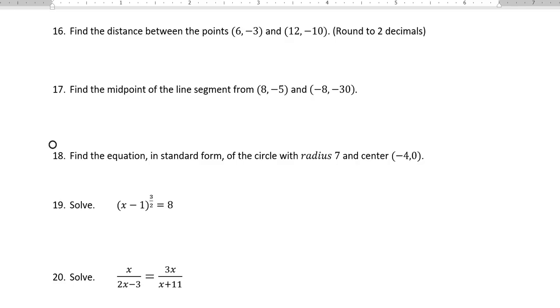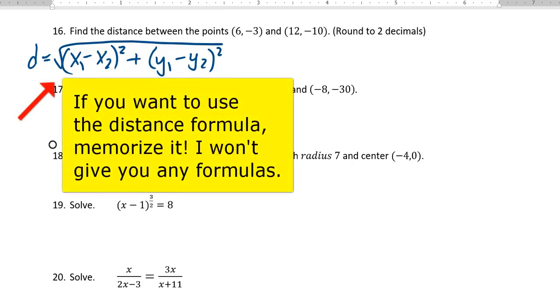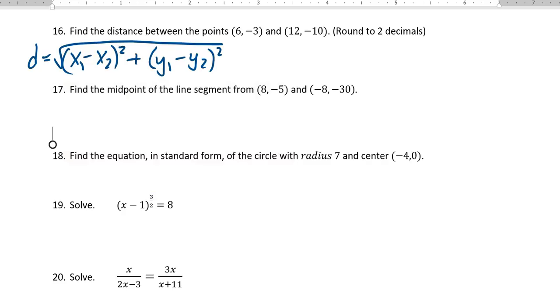Our next problem is a distance problem. So you can memorize the distance formula, or you can just realize that it's just the Pythagorean theorem, which is what I do. So to me, I just think to myself, well, if I were to plot this, this would be 6, -3. And the other one would be 12, -10.